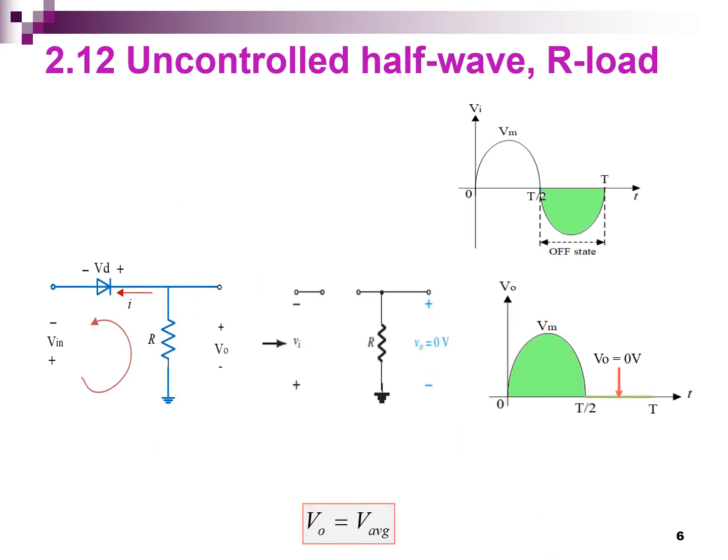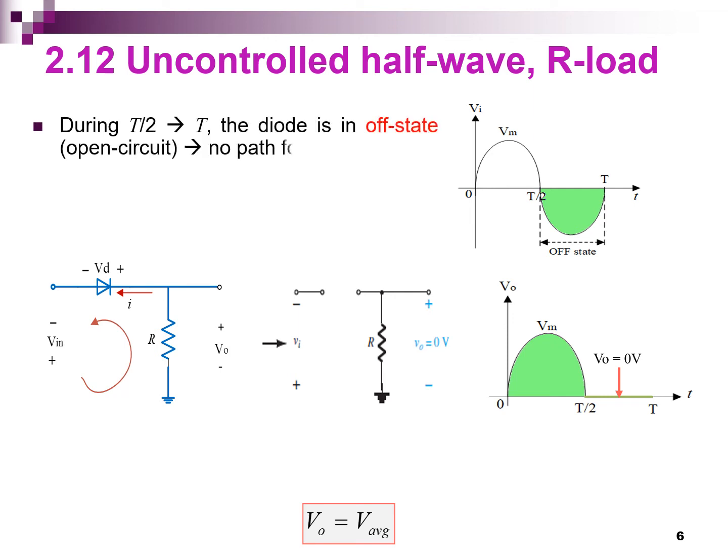Next, for the negative half cycle, during T over 2 until T, the diode is in the off state, or open circuit. During open circuit, there is no path for charge or current to flow.